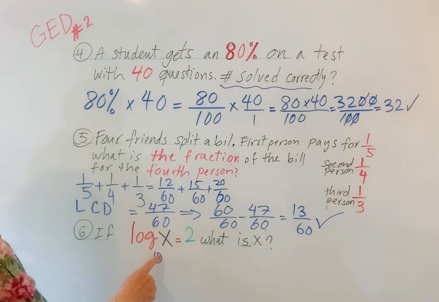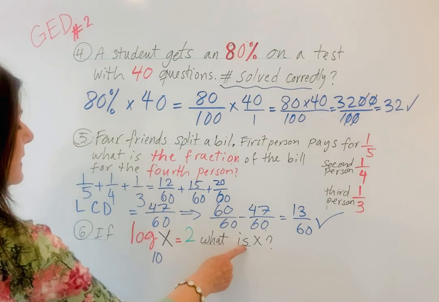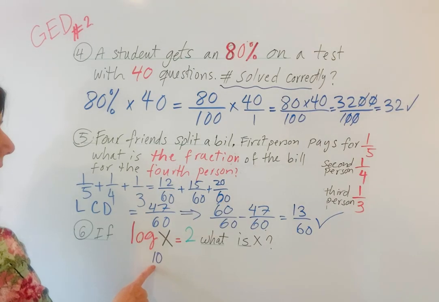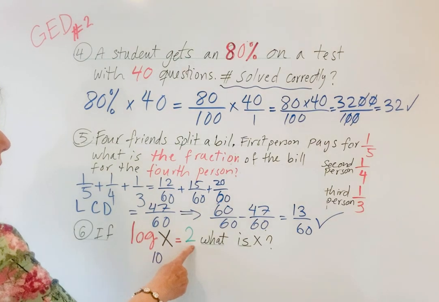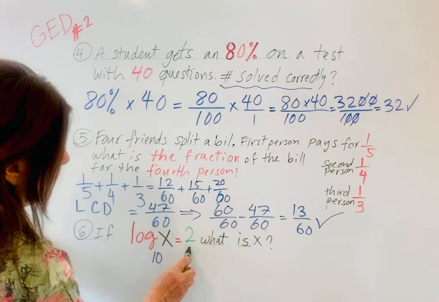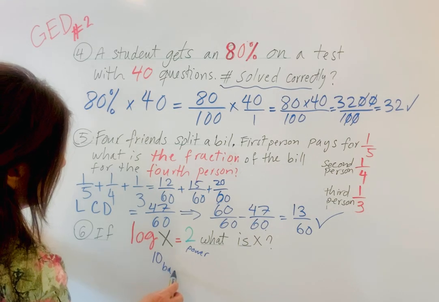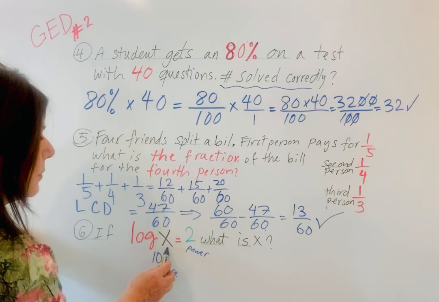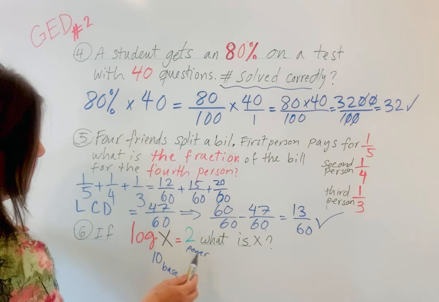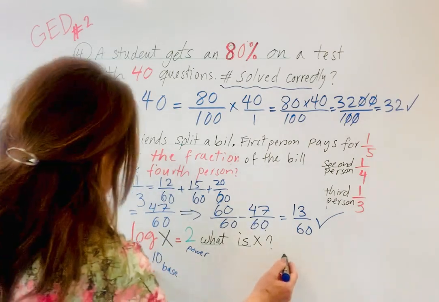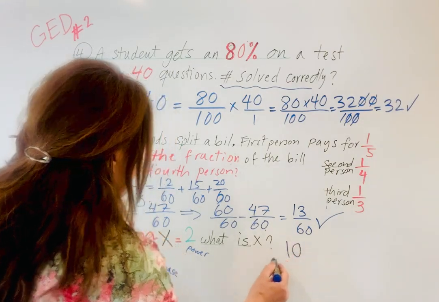Good. The last one is about logs. If log base 10 of x is 2, what is x? This is simple. You don't need to take the log of both sides or anything. Just know that 10 is the base, 2 is the power, and x is the answer, or argument, as we say. What is the base? The base is 10.